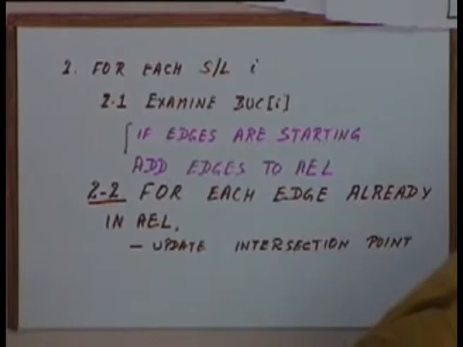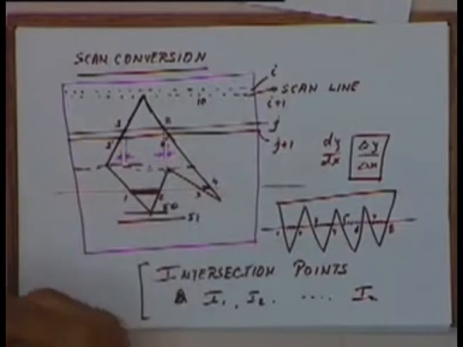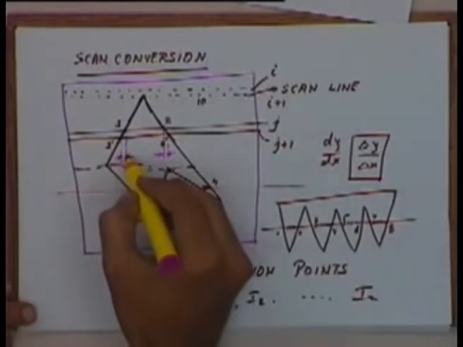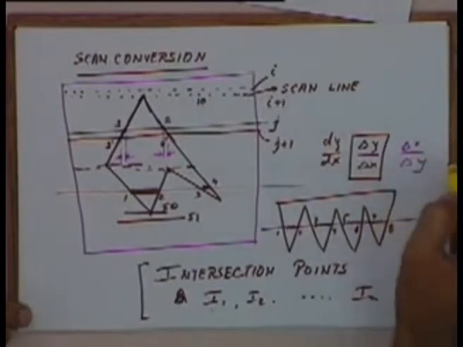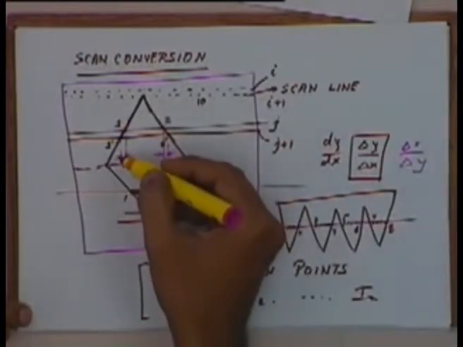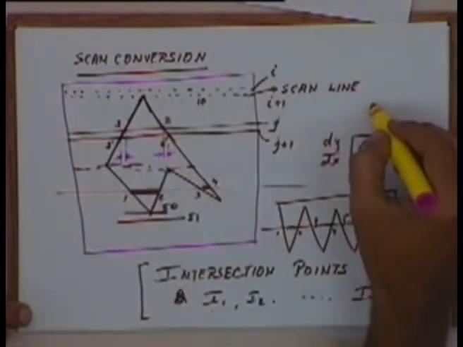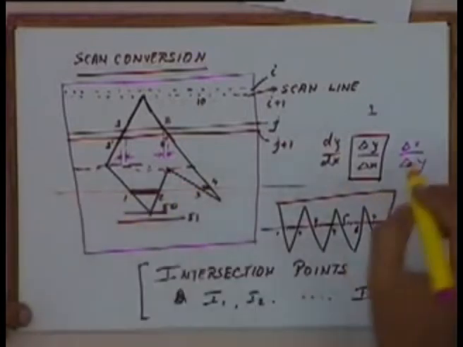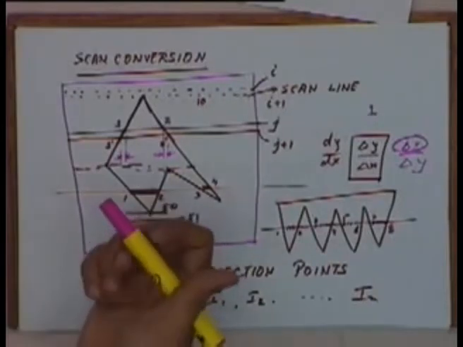Incidentally, when I mentioned here that this amount is equal to delta y by delta x, it will actually be delta x by delta y, because we are moving in the y direction, and the movement in the y direction is equal to 1 pixel. So the movement in the x direction is going to be delta x, or delta x by delta y. But the basic idea is that the movement will be proportional to the slope of the line.